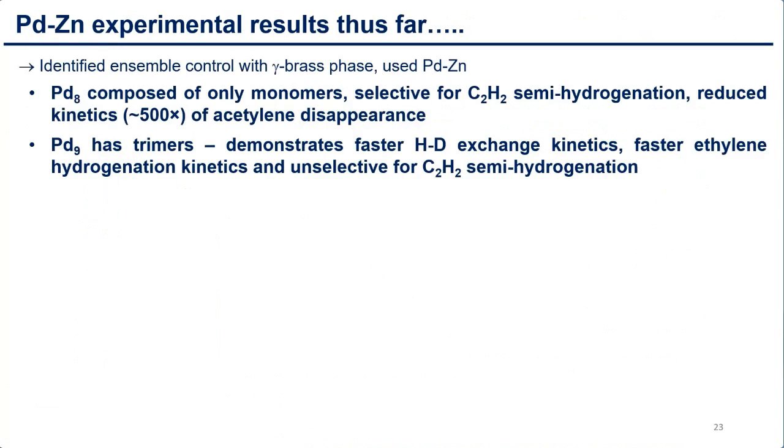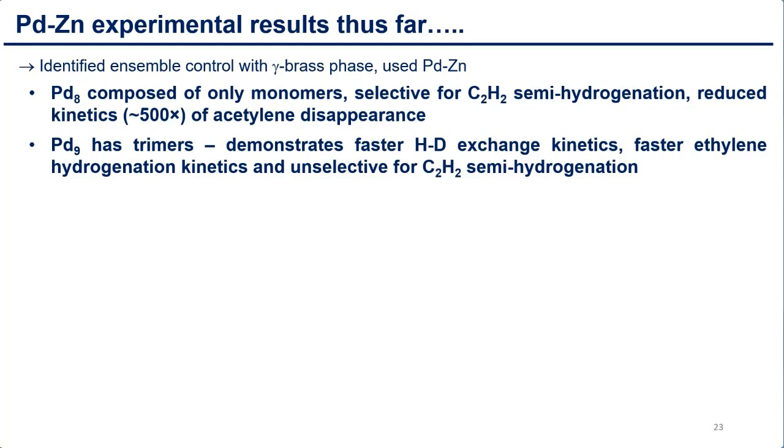So the experimental results so far have demonstrated a few things. Well, first, palladium-8 is composed of only monomers. It tends to be selective at a level of about 80% or so for acetylene semihydrogenation. The kinetics are far reduced in terms of the rate of disappearance of acetylene relative to a contiguous palladium surface.